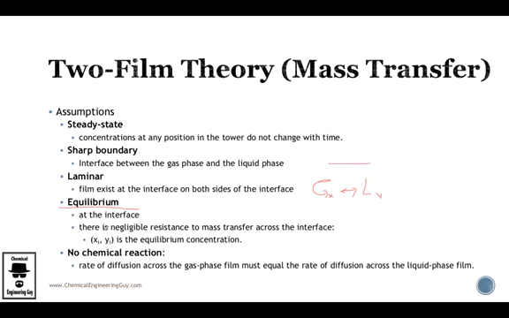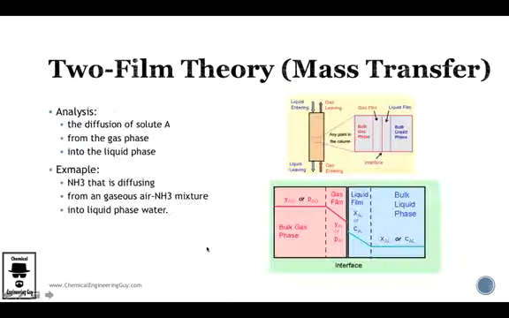Now the resistance is negligible to the mass transfer, meaning that these points right here can be associated to the equilibrium concentration. This is one of the most important parts you need to know.